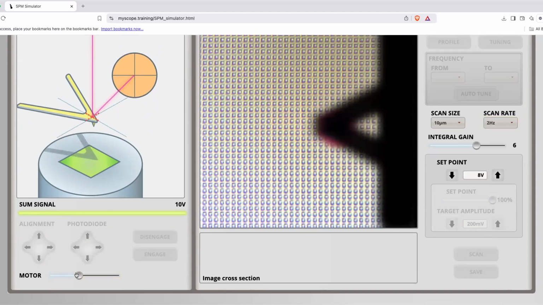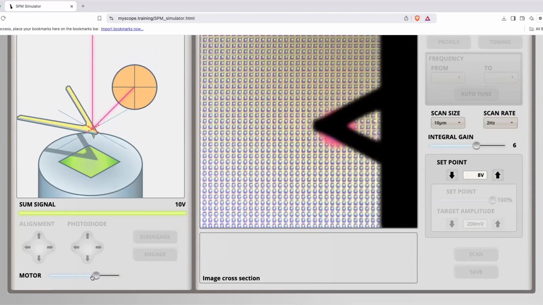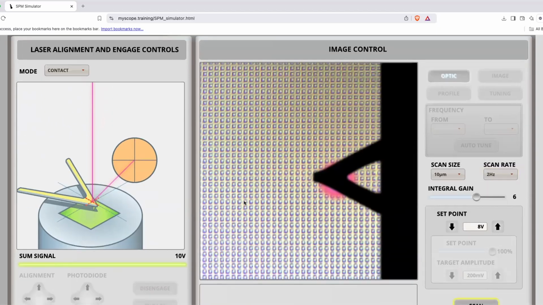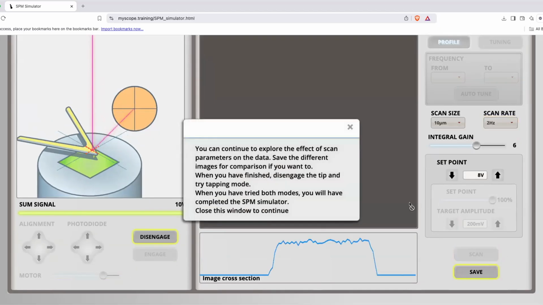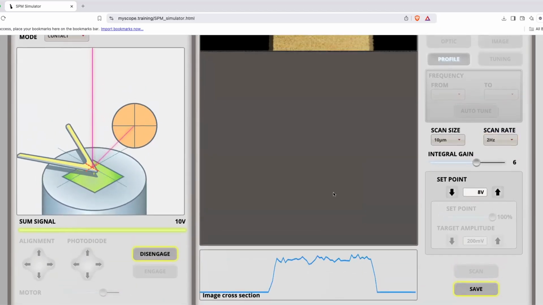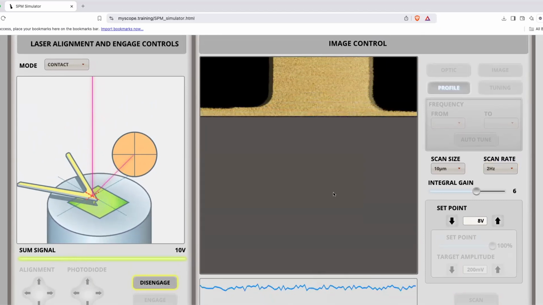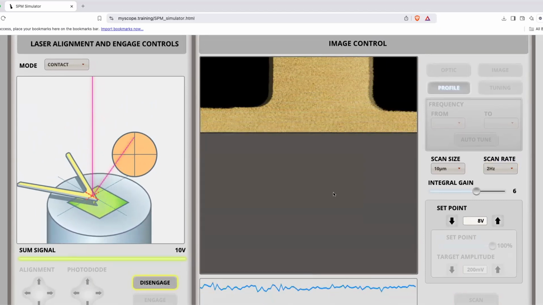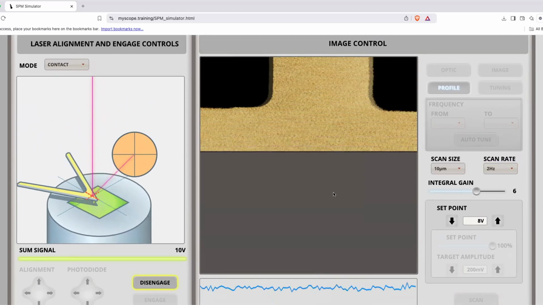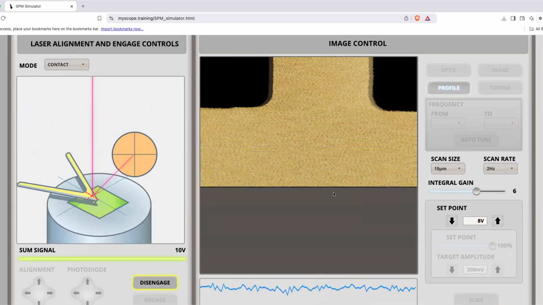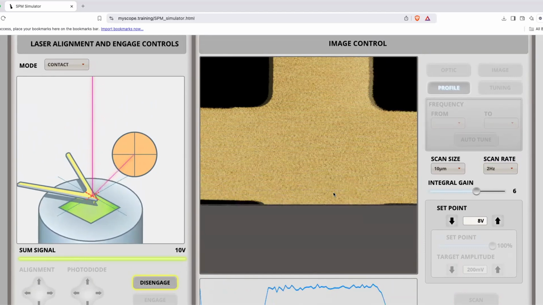And let us bring the stage very close. Yeah, and then engage and scan. You see the difference between the tapping mode and the contact mode.